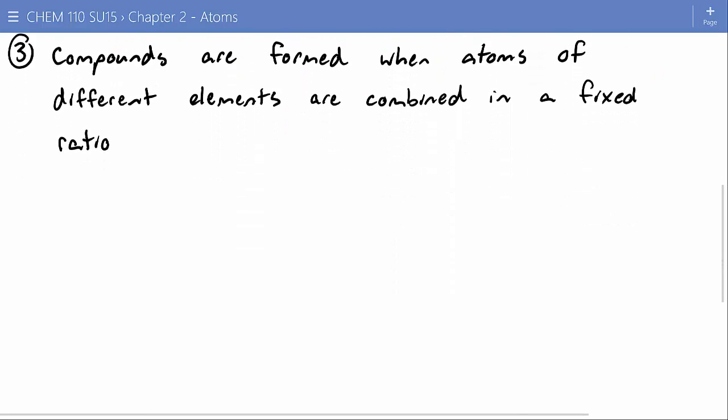All right, the last one was that chemical reactions involve rearrangements of atoms.